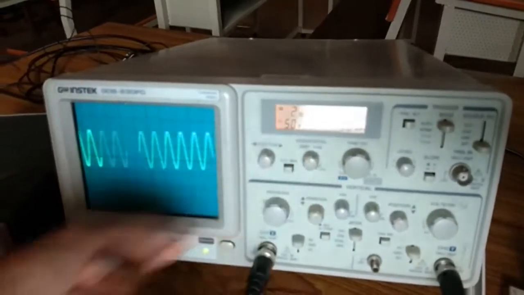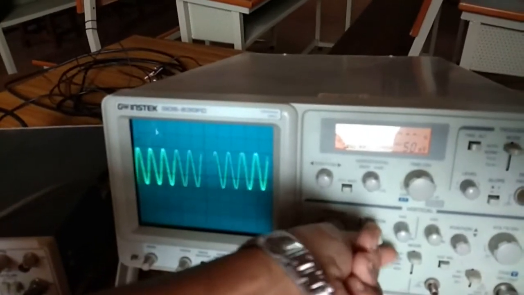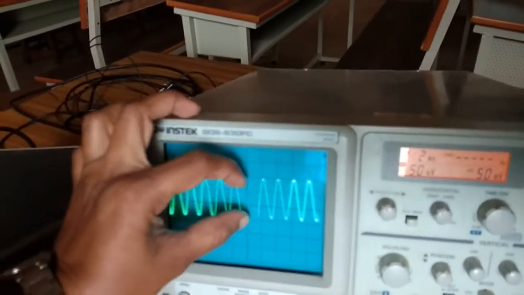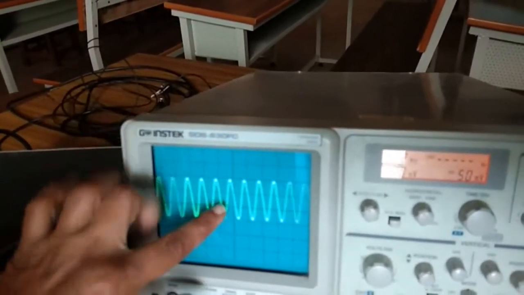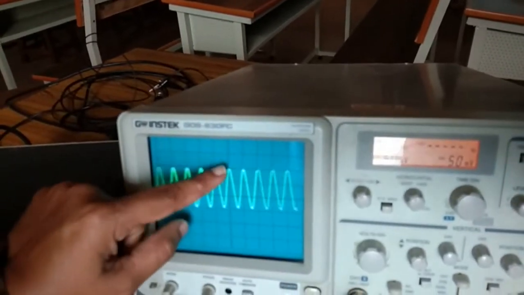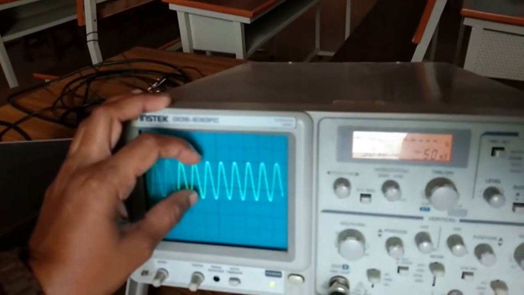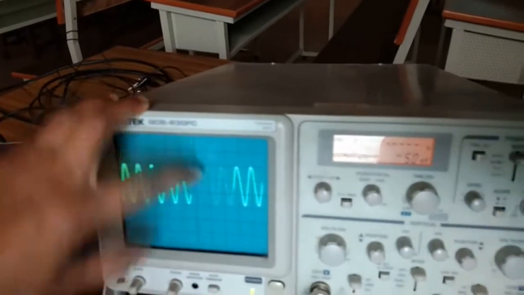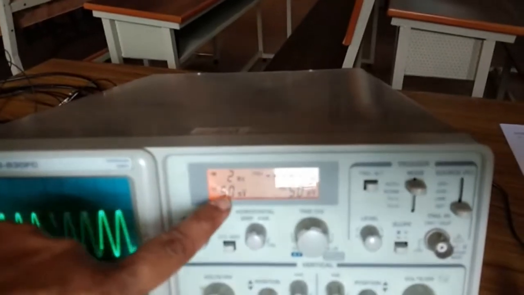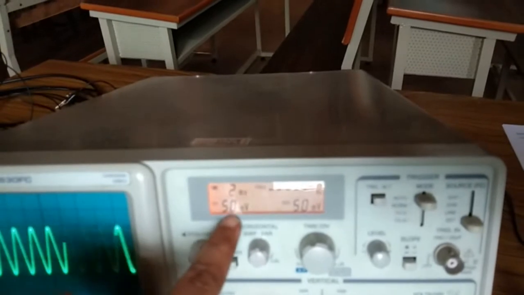How many blocks has the wave covered vertically? You observe it: 1, 2, 3. 3 blocks are covered. So this 3 multiplies with the voltage setting we are observing in channel 1, that is 50 millivolts. 3 into 50 millivolts is your input voltage.